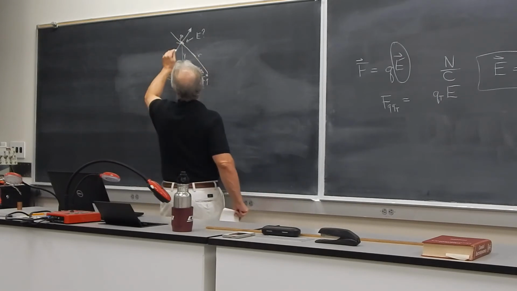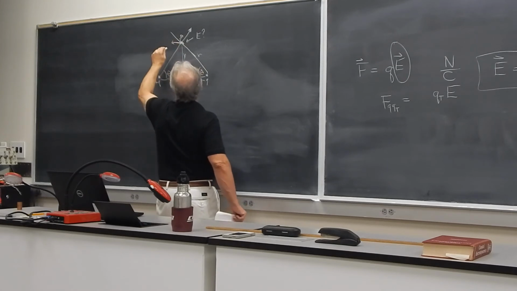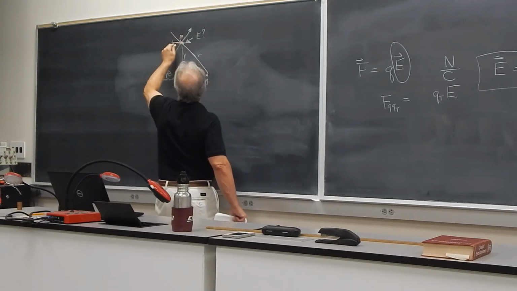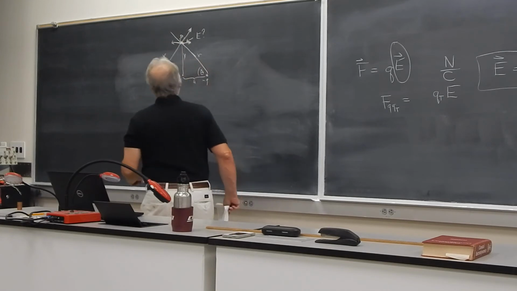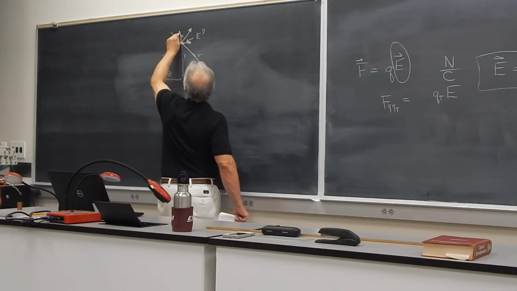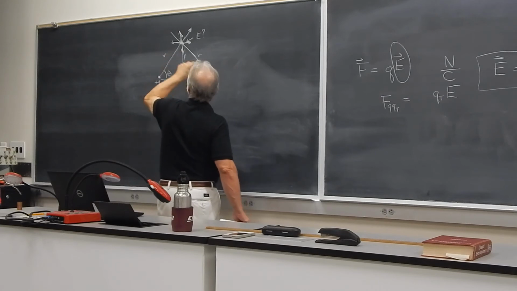If I look at the components, the x component of this field is going in this direction. The x component of this field is also going in this direction. But the y components will cancel each other out. So that y component due to this charge will be canceled out by the y component due to this charge.